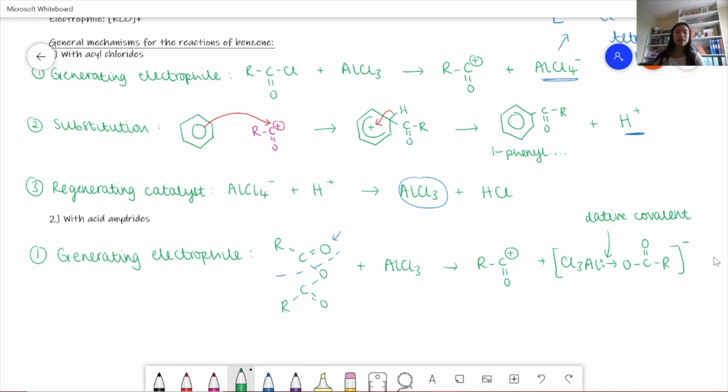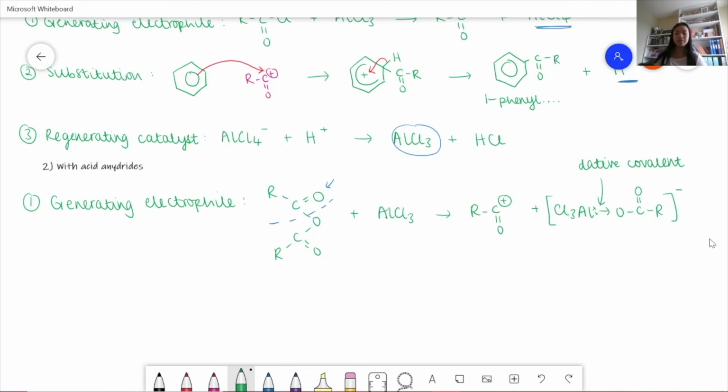And then again, the second part of the reaction is the substitution. So we have number 2, substitution. So we have benzene, and then we have the electrophile.